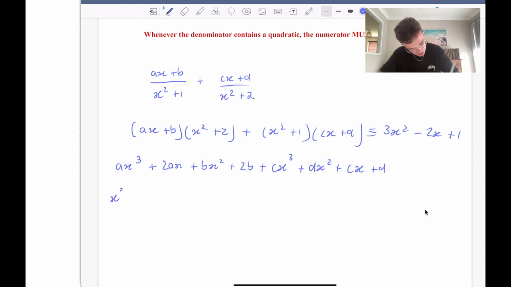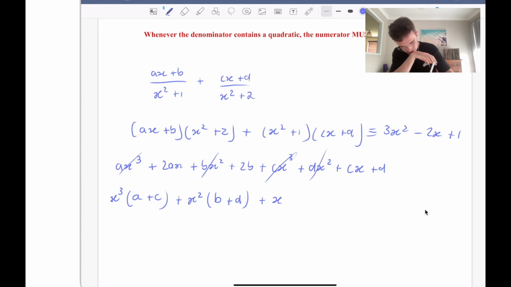So this is x³(a + c), let's start cancelling these out, plus x²(b + d), plus x(2a + c), plus 2b + d.